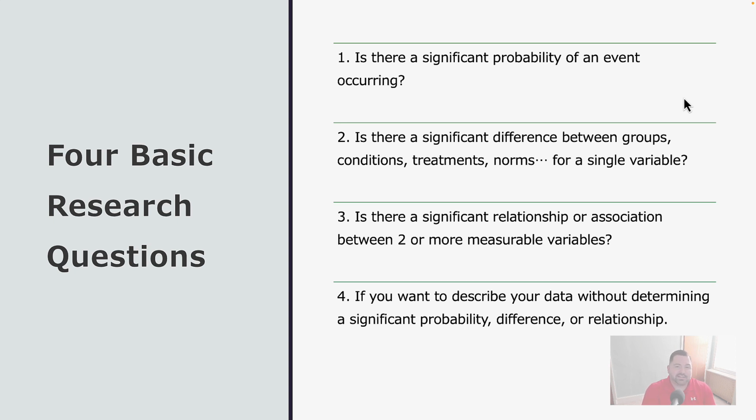So the first of the 4 kinds of questions that people typically bring to me is if the person wants to have a research question that asks about whether or not there is or is not a significant probability of something happening or not happening, right? So what is the probability that I will win the lottery versus that I will not win the lottery? What are my chances?